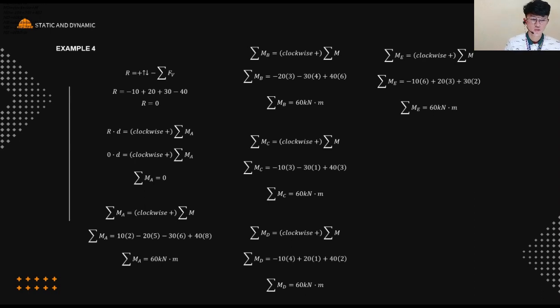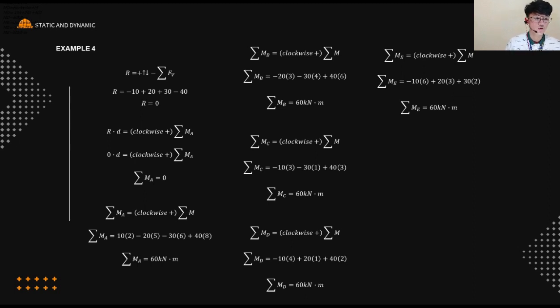So, summation moment D equals negative 10 dahil counterclockwise, and then times 4, which is yung distance niya from the D, and then plus 20 force times 1, which is yung distance niya from the D, and then positive 40 again dahil clockwise times 2, which is yung distance niya from the D. So kapag in-equate natin, ang makuha natin value is 60 kN meter din yung ating summation moment D.